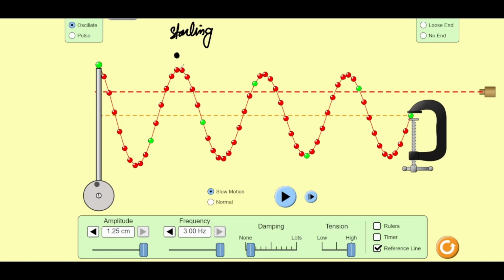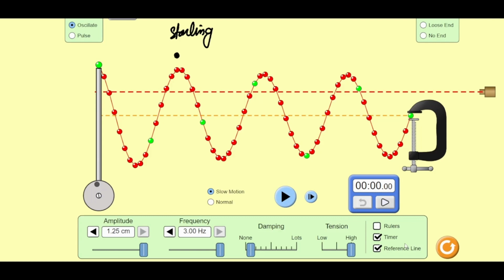If I start my wave, for example, I start my stopwatch at this location. Then I stop it at the point when one complete wave has passed through it. So what would that mean? Let's look at this. I have started the stopwatch at a crest.